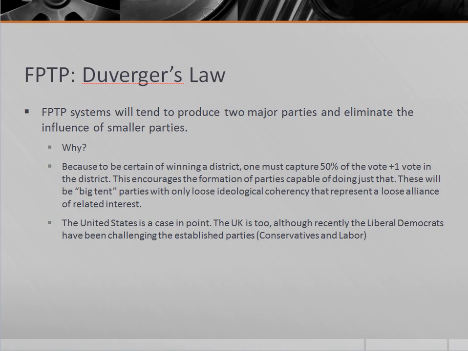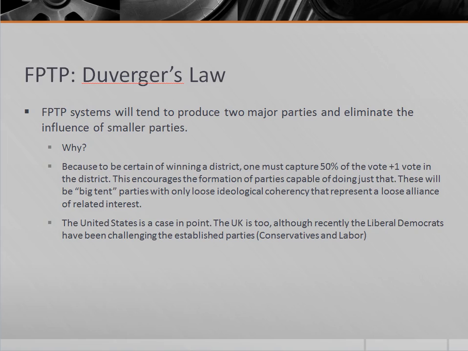But the point is that both parties are really broad groups of people that don't always see eye to eye with one another, but they're better off acting together as a party than trying to form their own splinter parties and then making sure that the other party's going to win. So the United States is a great case of Duverger's law because at the end of the day, Republicans and Democrats take the lion's share of the votes in this country.